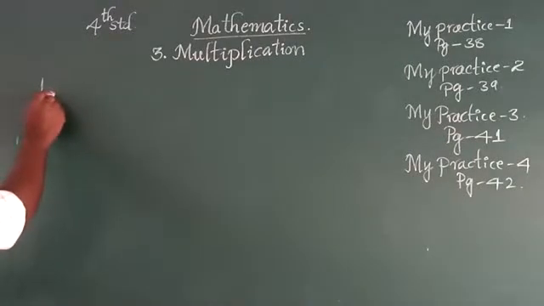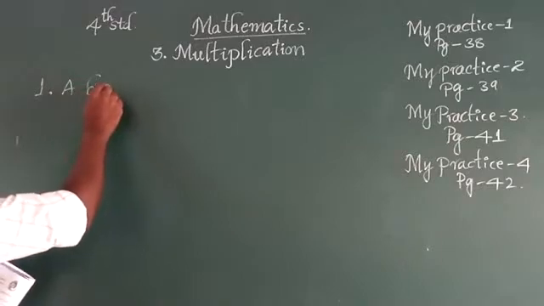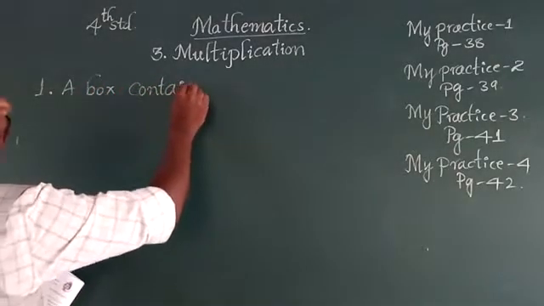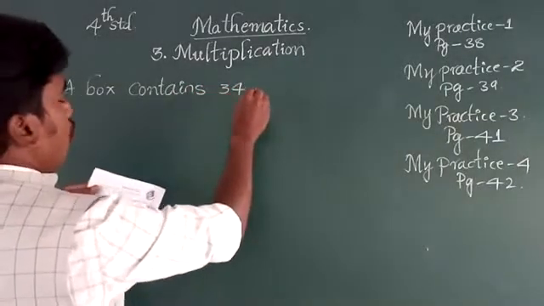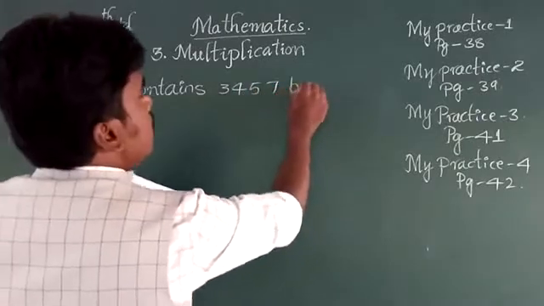So here the question is like this. A box contains 3457 balls.